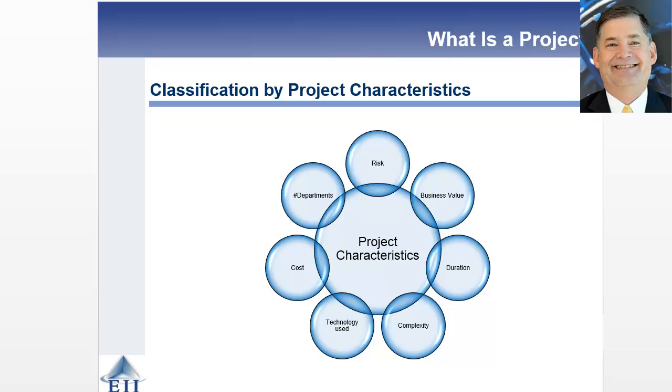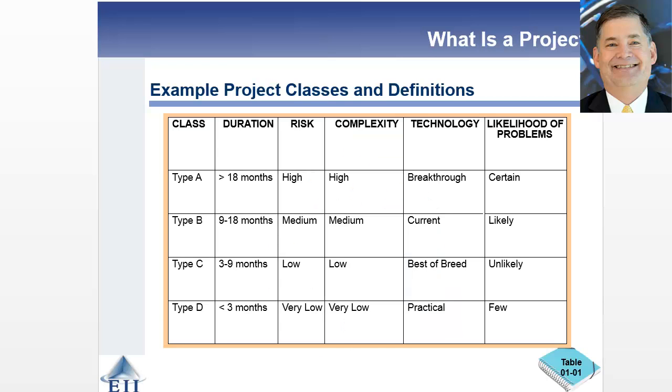The number of departments will vary. And when you start looking at a project and some of the classifications associated with it, this next table gives you some examples. You can see that you would want to use a different approach for a type A project as opposed to a type D project in this particular classification scheme.